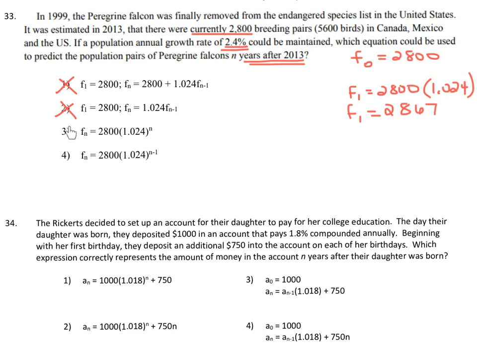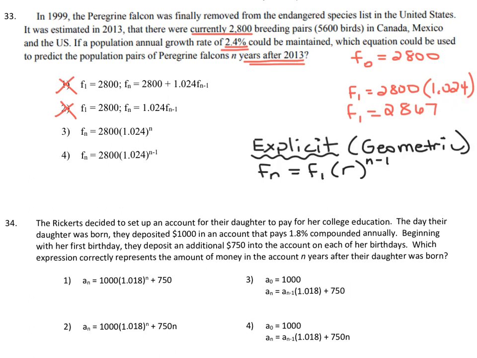Okay, so now let's look at the difference between these. Since we're multiplying by 1.024 to get from one term to the next, we'd be using the explicit formula for a geometric sequence. So instead of using a sub n and a sub 1, I just used f because that's what they were using here.